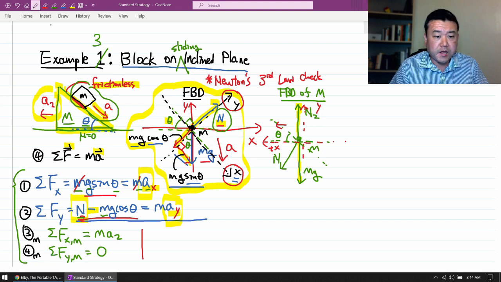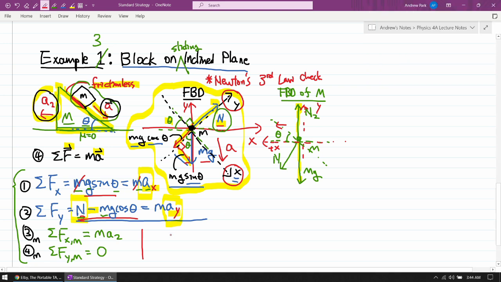Then there is some relationship between this acceleration as a vector quantity and this acceleration. I guess the idea here is that the acceleration vector plus the A2 vector results in some vector quantity, and this should still be at angle theta.